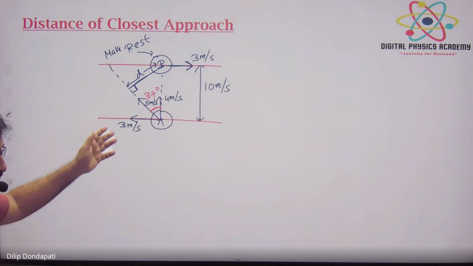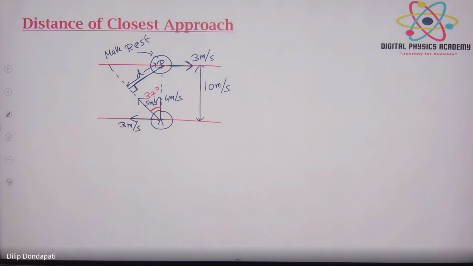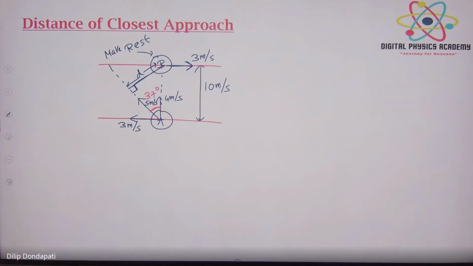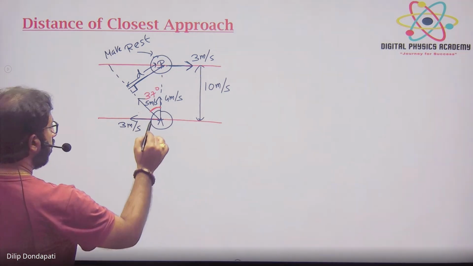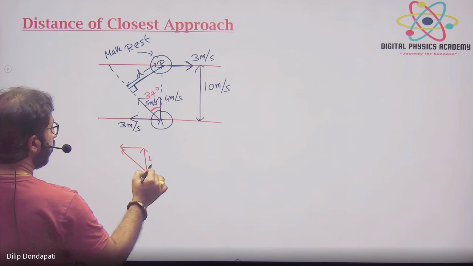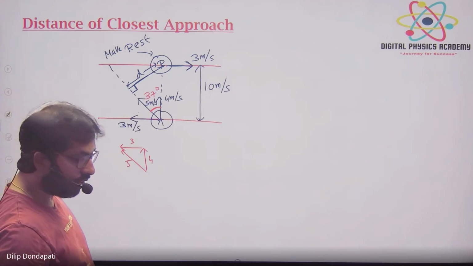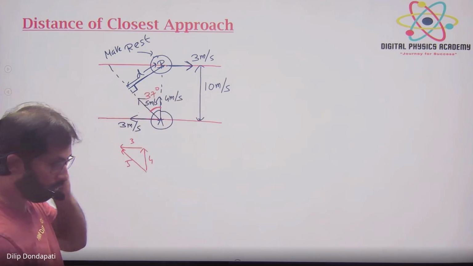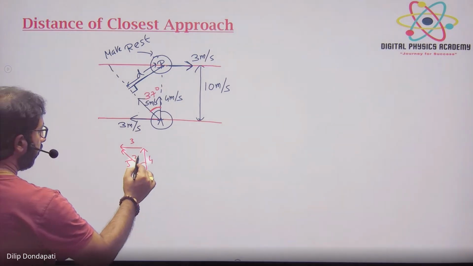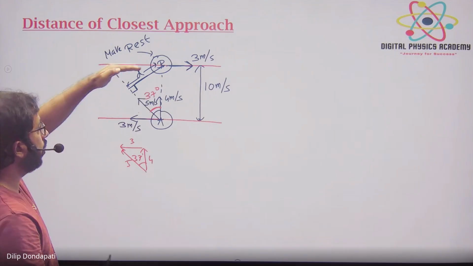Now solve using trigonometry and try to find it. A student suggests tan 37 equals D by 3, so D is 9 by 4, and then 15 by 4.